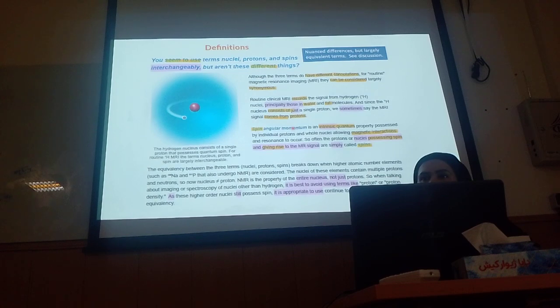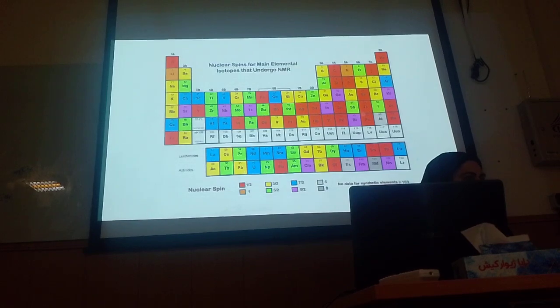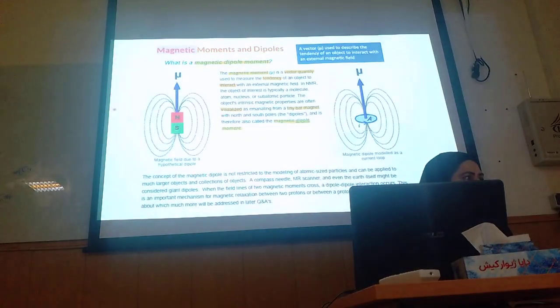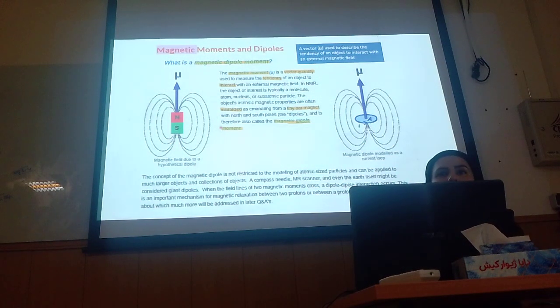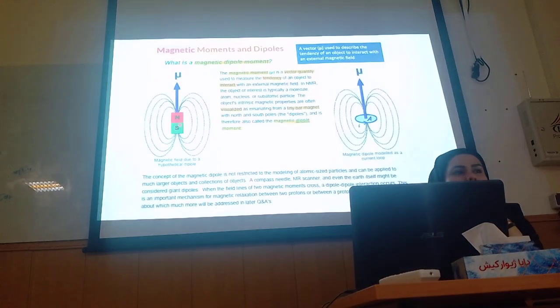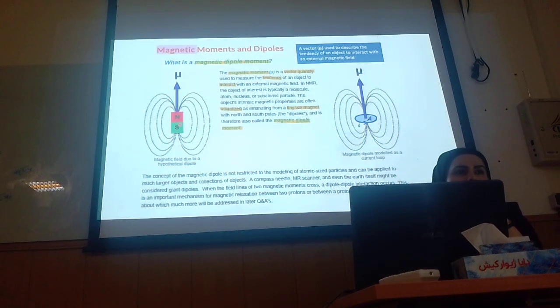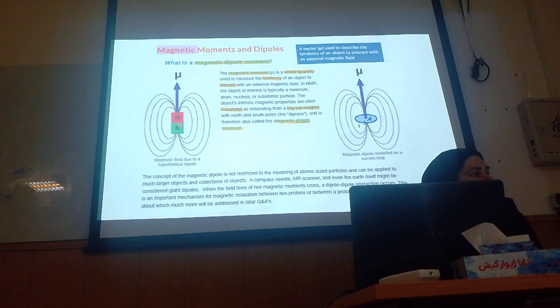For example, in this picture, we have a tiny bar magnet with north and south poles. We have a magnetic field around this particle.